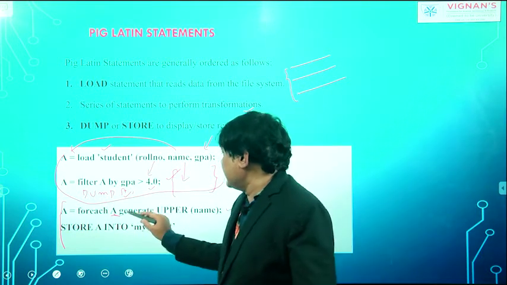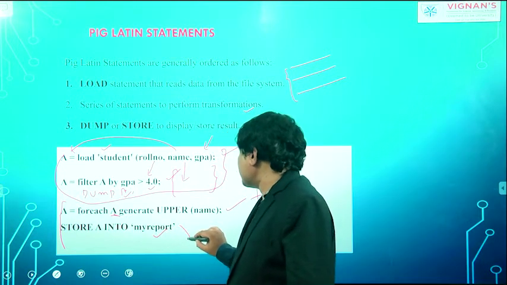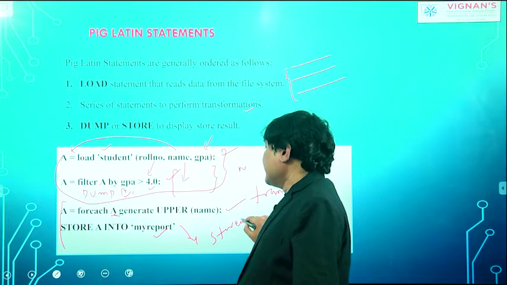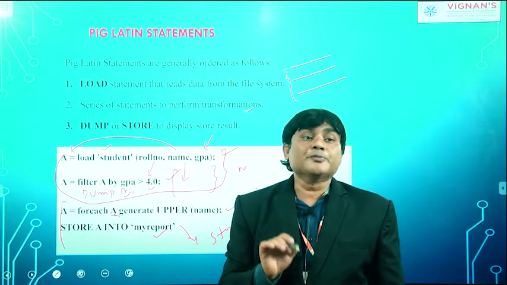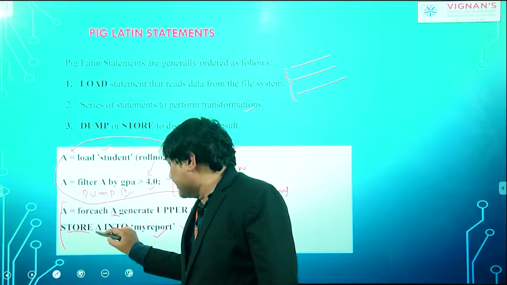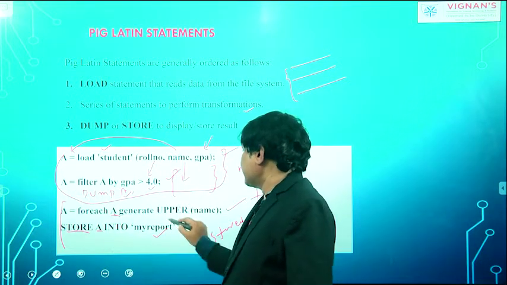So FOREACH A, generate UPPER, and what are you doing here? You are going to store the results. Okay, and how to store the results? If you want to store the results, we have to create a folder. So I am going to store A. A means what? We have a relation. In this relation, we have the result of UPPER.